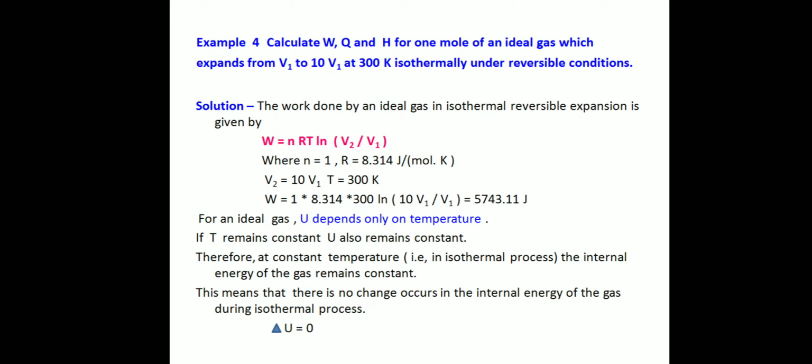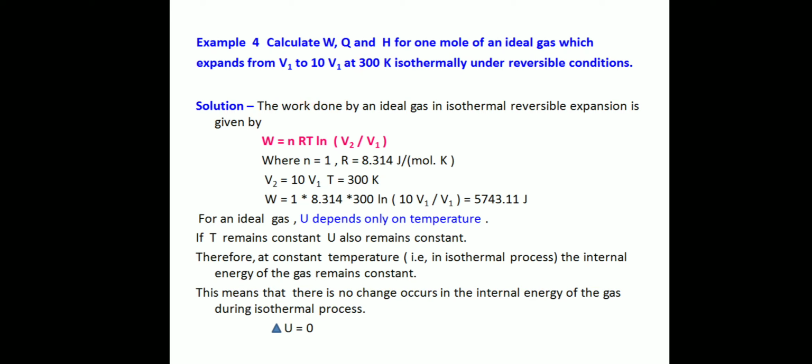And what is given? 1 mole is given, that is small n equal to 1. Then it expands from V1 to 10 V1. Now instead of numerical values, they have given that V1 is equal to V1 and V2 is equal to 10 V1, right? And temperature is given, that is 300 Kelvin.